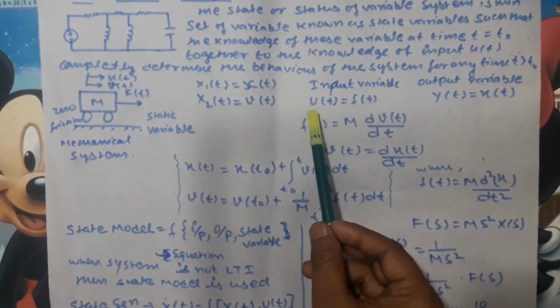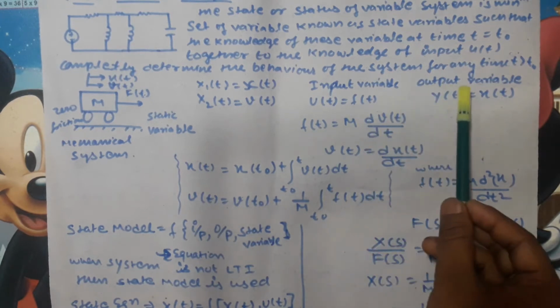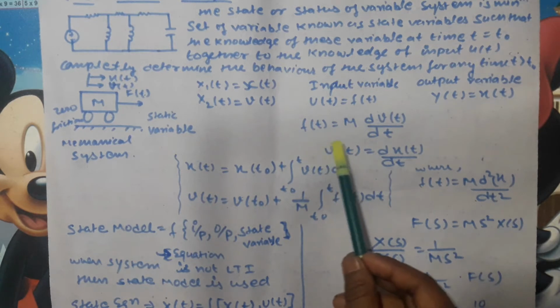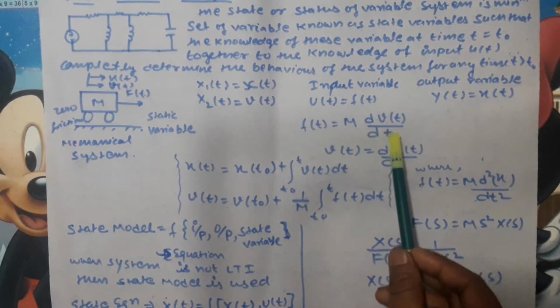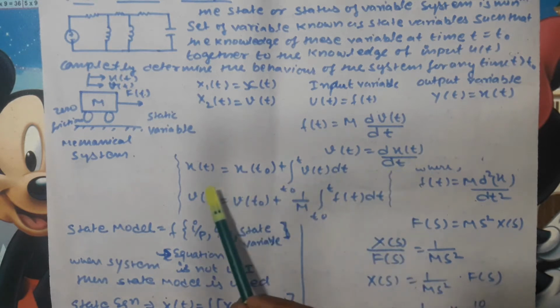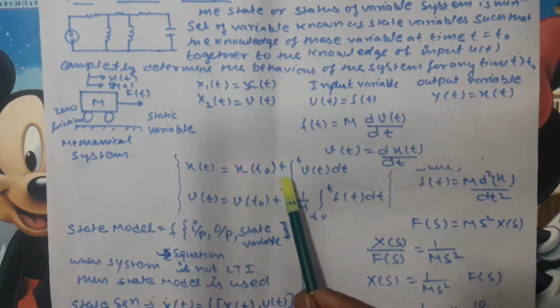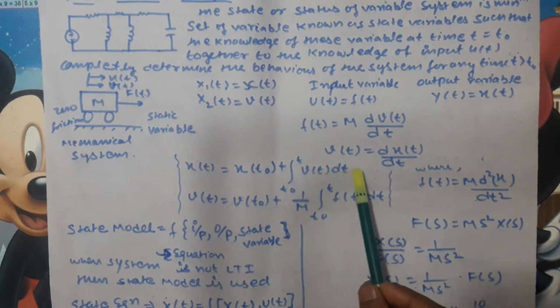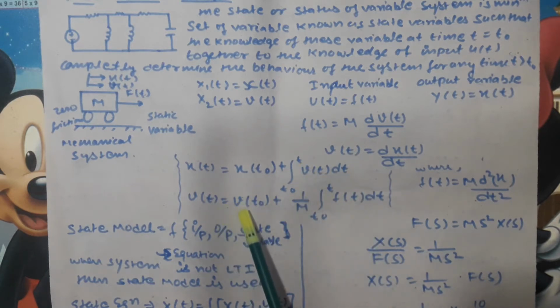The input variable u of t is equal to f of t, and the output variable y of t is equal to x of t. f of t is m times dv by dt, v of t is dx by dt, x of t equals x of t0 plus the integration from t0 to t of v of t dt, and v of t is equal to v of t0 plus 1 by m times the integration from t0 to t of f of t dt, where f of t is m d square x by dt square.